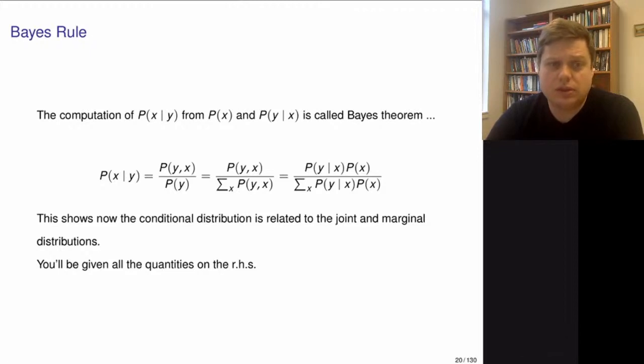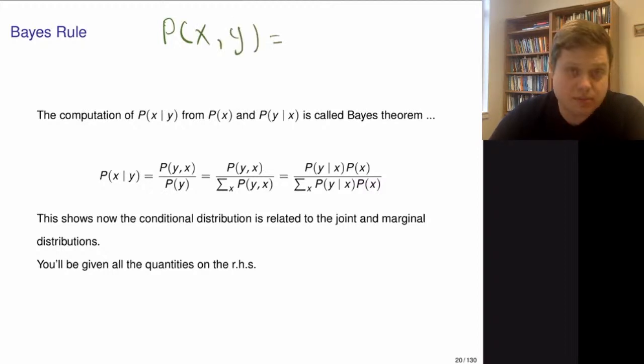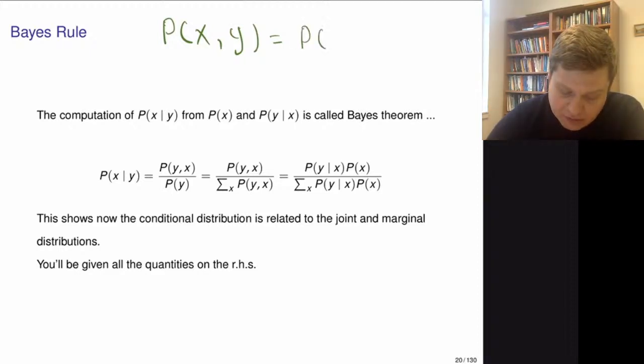Another rule that allows us to calculate conditional probabilities is called the Bayes rule. And Bayes rule comes from two simple facts. One simple fact is that the joint probability of x and y can be calculated using the product of the marginal and conditional: the probability of x given y times the probability of y.